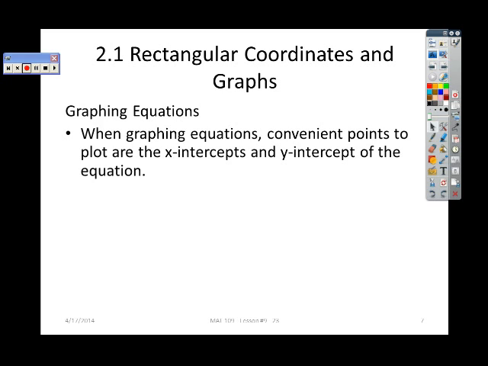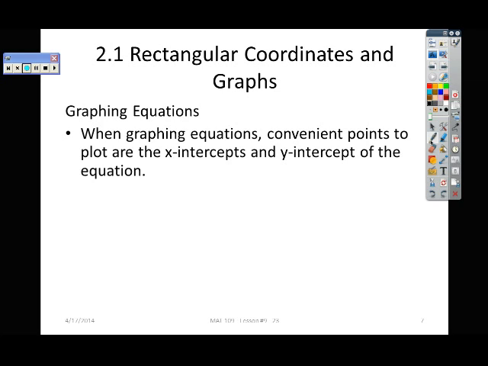An example would be a parabola. You all know what a parabola looks like. It's a U shape. 3 points on a parabola are not enough. And I say that because let's suppose I had this parabola. What if the 3 points I happen to pick were here, here, and here?